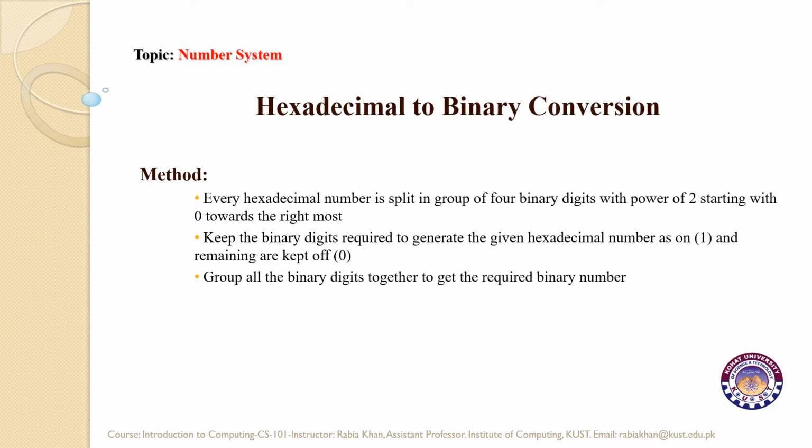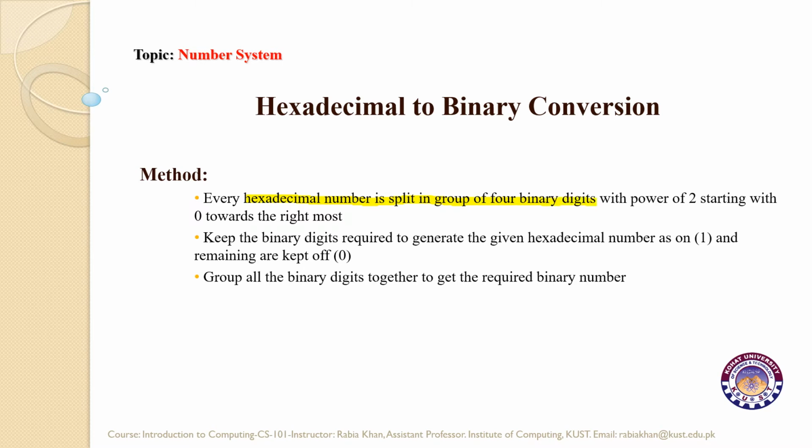So in today's discussion, we are going to convert a hexadecimal number to a binary number. What is the technique that we can use to perform this type of conversion? The method is, we have to split every hexadecimal digit. Every given digit within the hexadecimal number is split into a group of 4 binary digits.